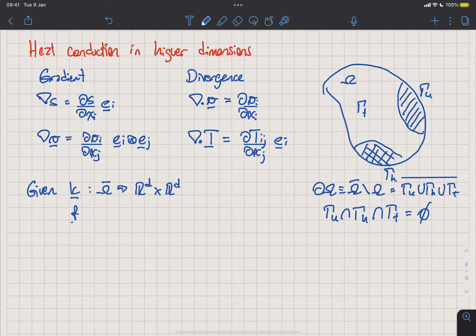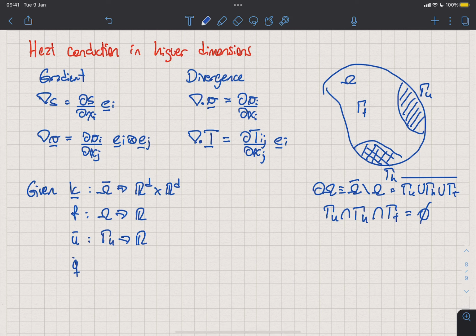We have F, which is our heat source, and this doesn't change. This is still a scalar field. We have our prescribed temperature, which doesn't change either, that is, sorry, gamma U here, and it's also a scalar field.